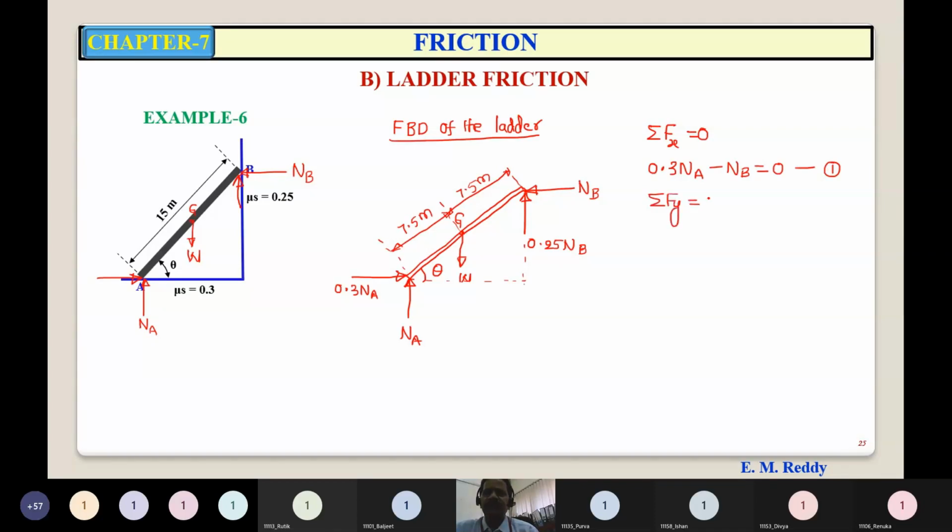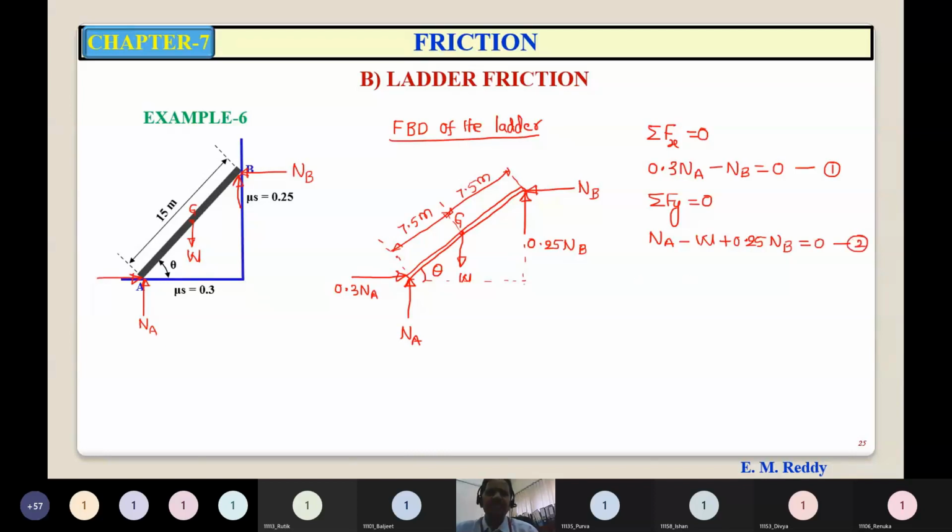Summation Fy = 0: plus NA minus W plus 0.25 NB = 0.